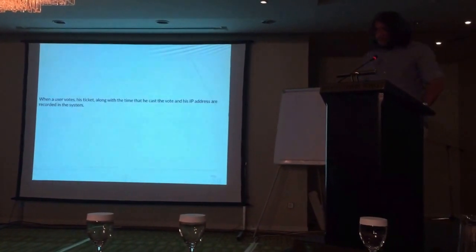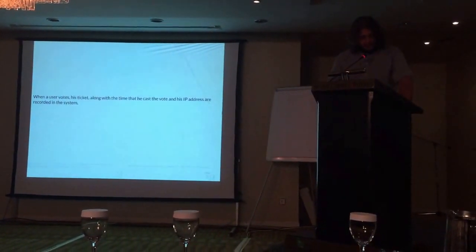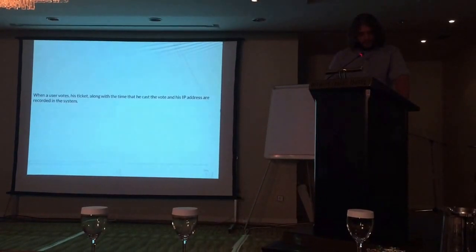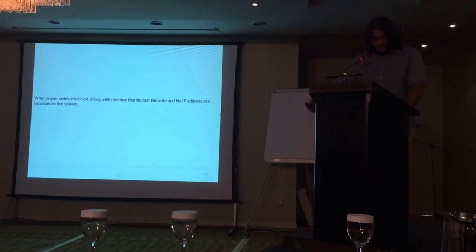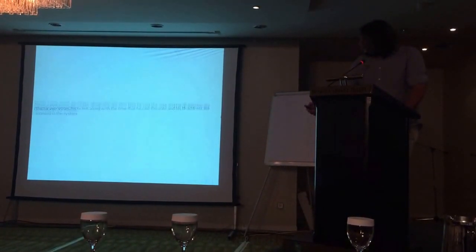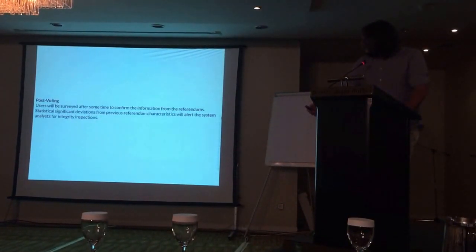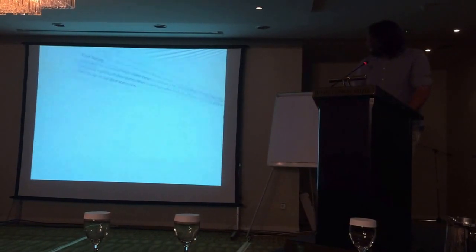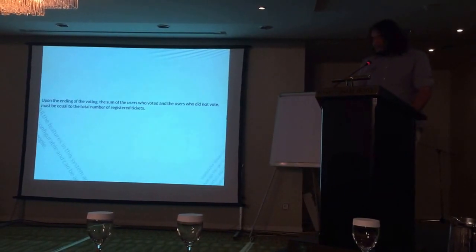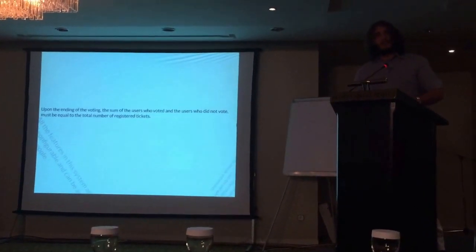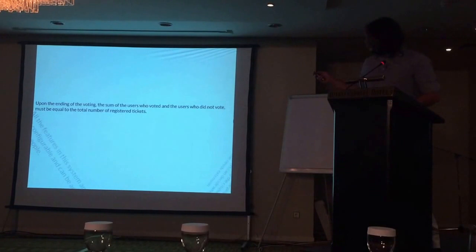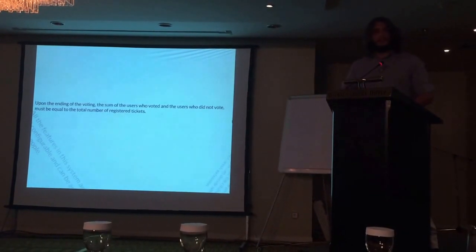When a user votes, his ticket, along with his IP address and the time that he cast his vote, are recorded in the system. Upon the ending of the voting, the sum of the users who voted and those who didn't must be equal to the total number of generated tickets.